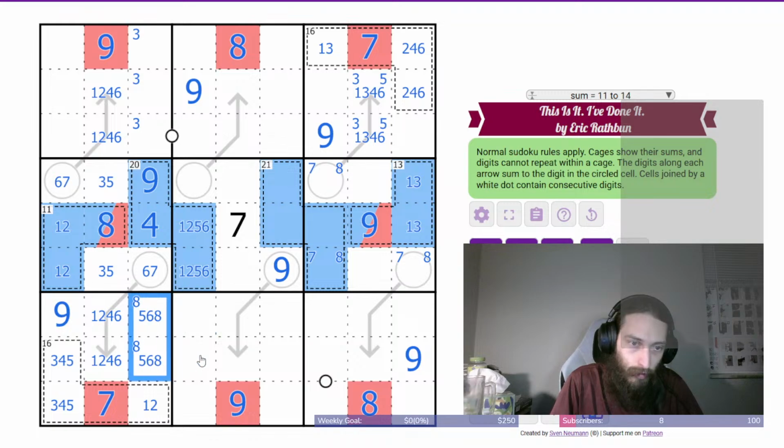So this is 5, 6, or 8. Because this is either 1, 6, and 2, 3, 4, or this is 2, 4, and 1, 3, 5.